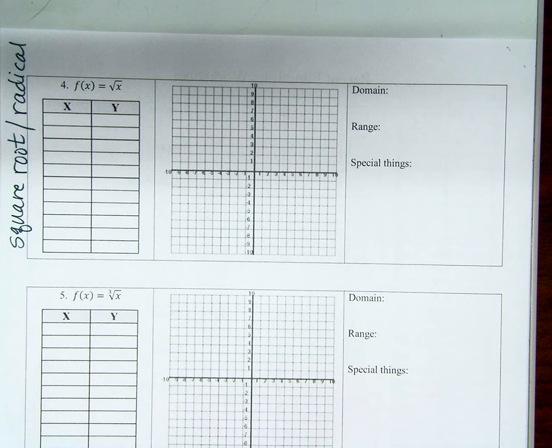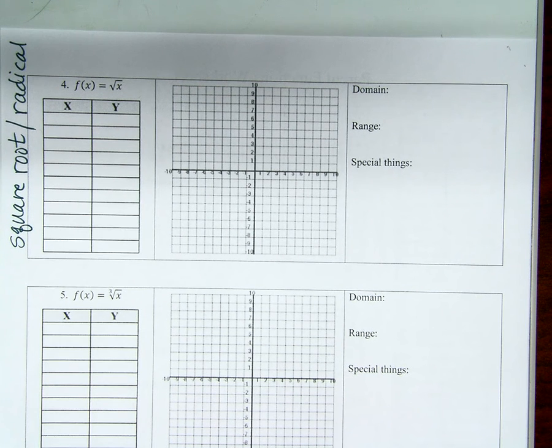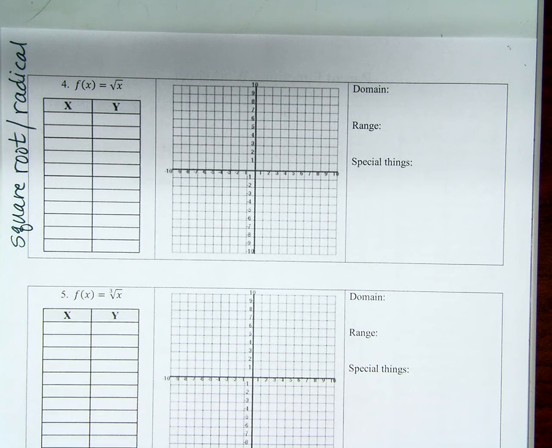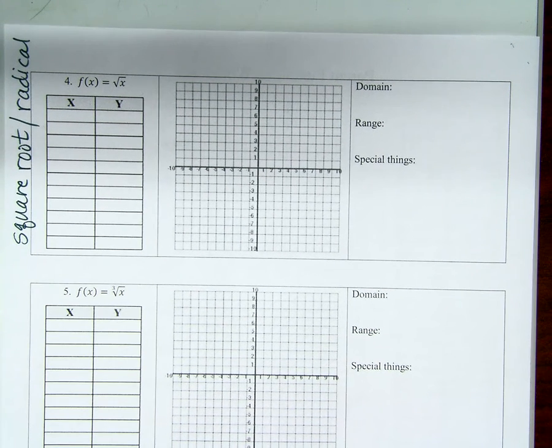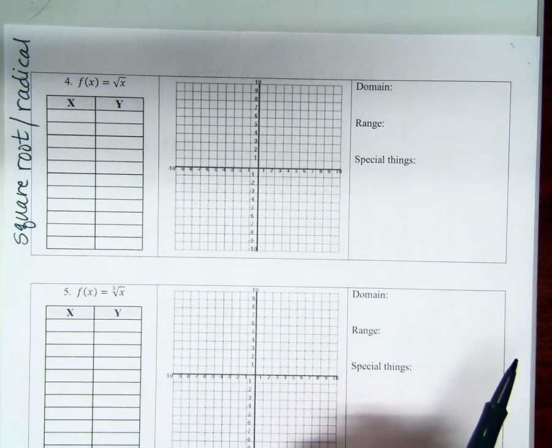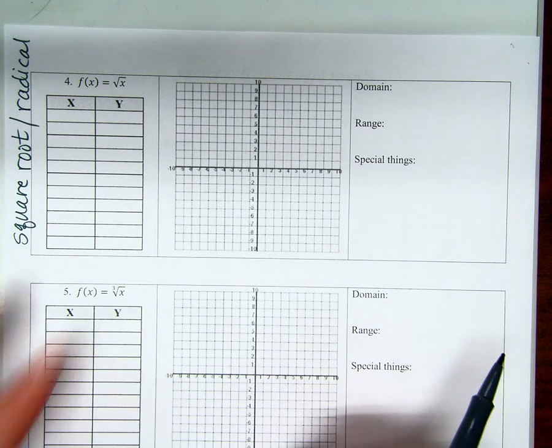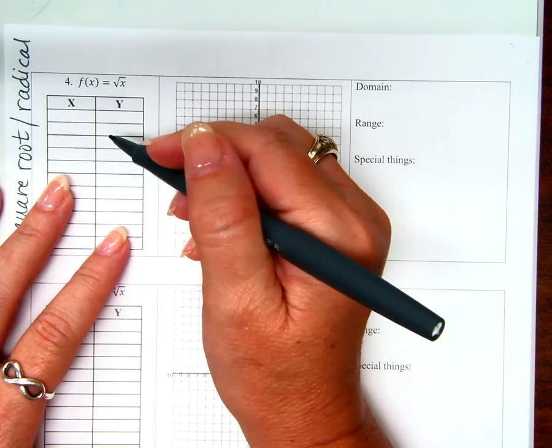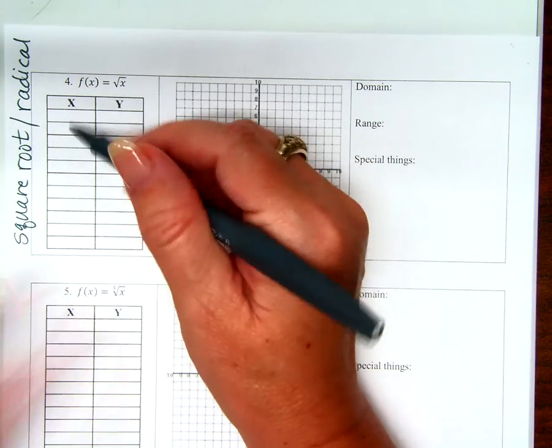You can't take the square root of negative numbers yet. That's some foreshadowing right there. Not today, but we will get there. You'll know how to take the square root of a negative number by the end of the course, for sure. So, no negatives. I'm okay with that.